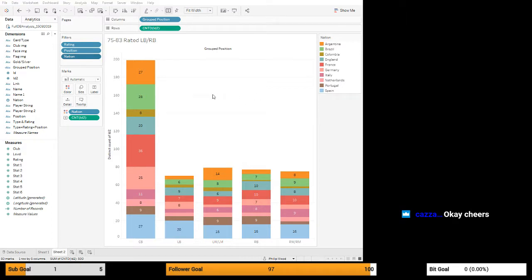So is there anything that you guys find particularly you want to look at? Brazil, France, Spain, Italy. Look at England to start with.